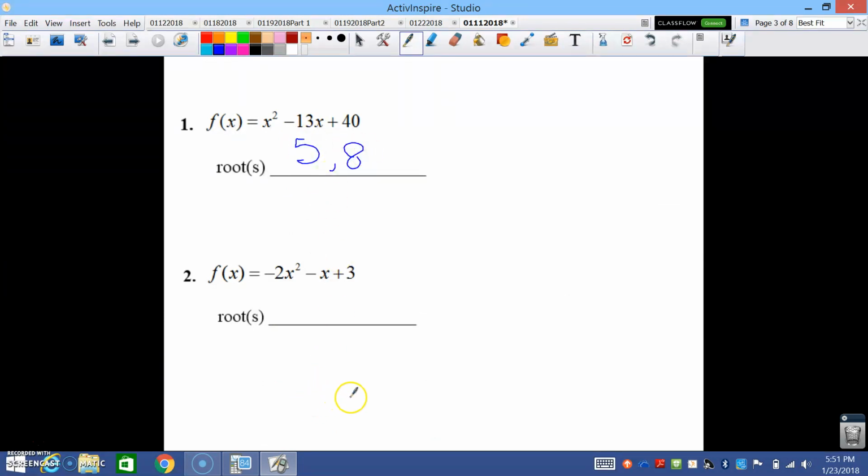Remember, the answer choices could also look something like this: x equals 5 comma 8, or it could show it in a bracket like that, 5, 8. Any one of those, it's a comma, not a decimal.